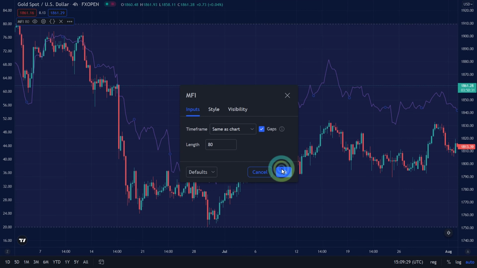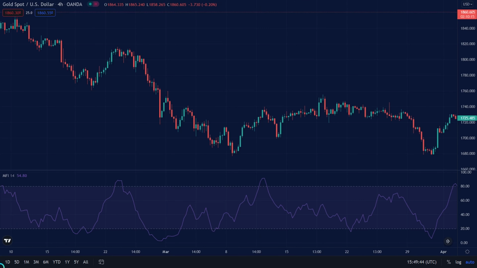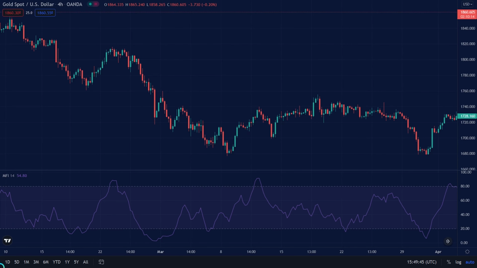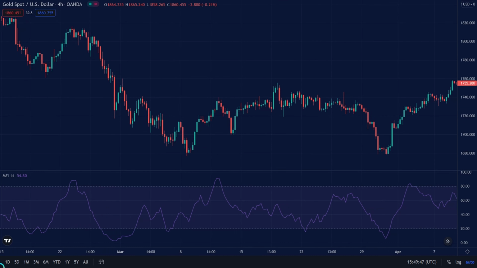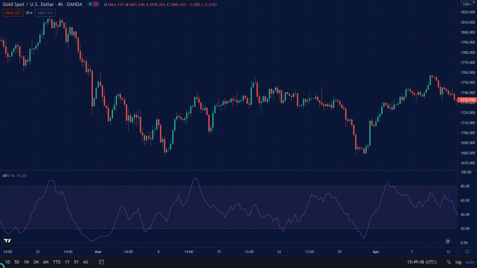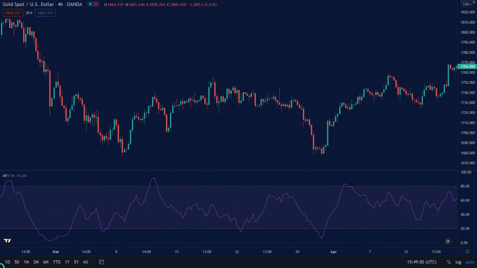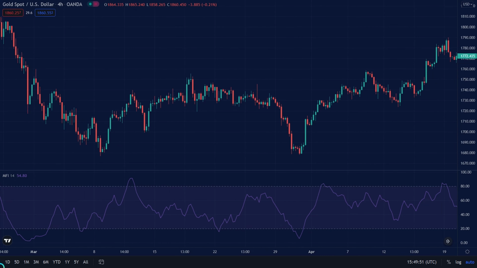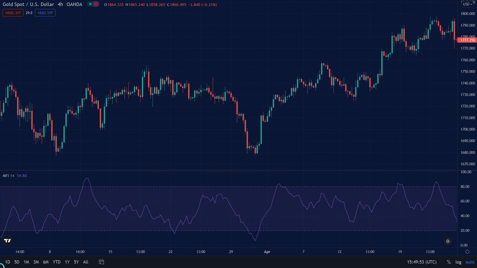Now I want to tell you the equation of this indicator, because in my opinion, knowing the equation of a certain indicator is always really useful. And I know that many traders don't understand why, because here is my computer. Why would I want to know the equation on paper?